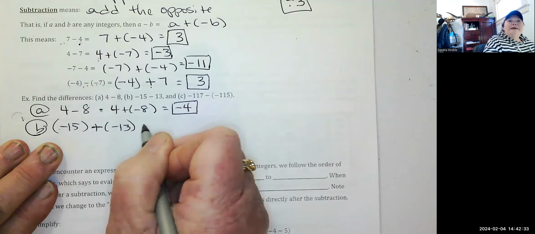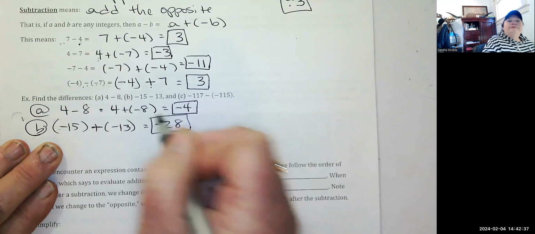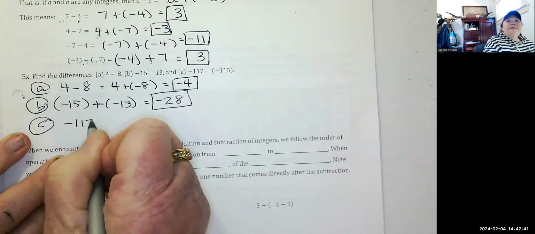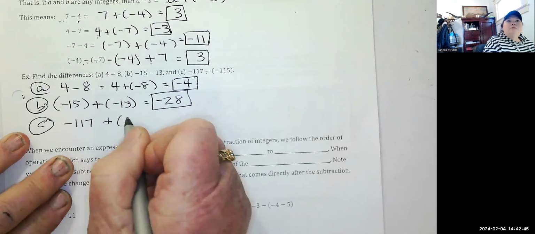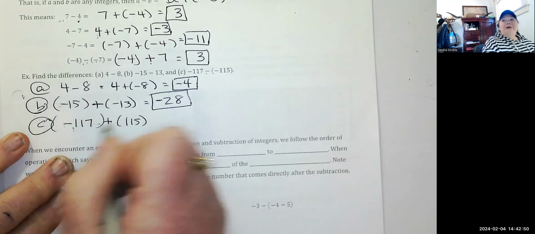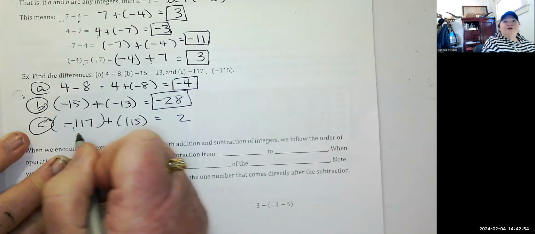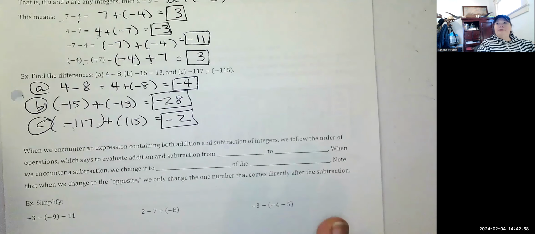The signs are the same, so we add them and keep the sign. All right. For C, negative 117. Oh, negative and a negative is a positive 115. Signs are opposite, so we need to subtract and take the sign of the larger number. All right. Let me know what questions you have on that.